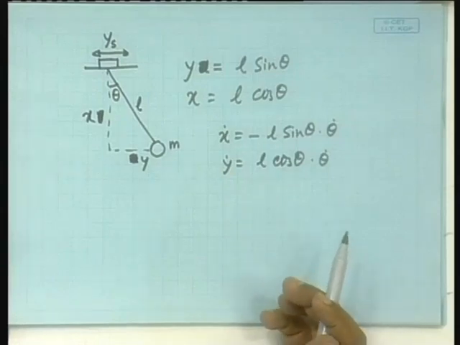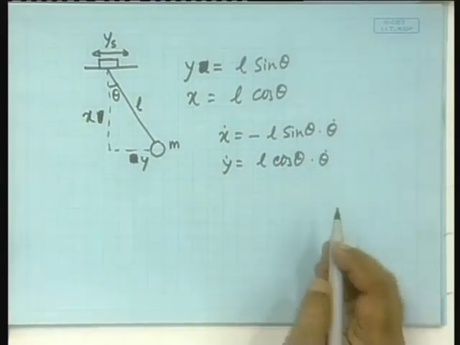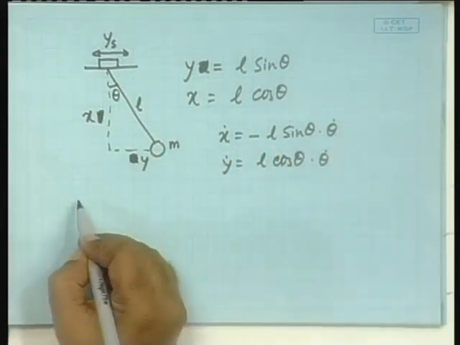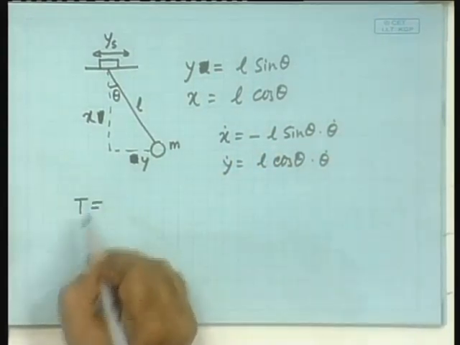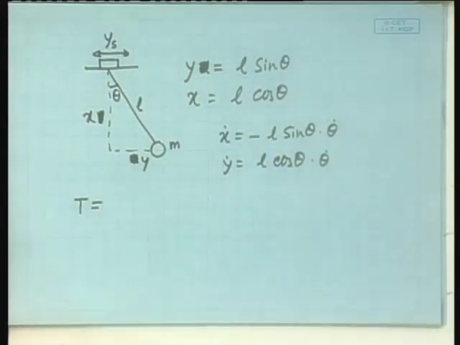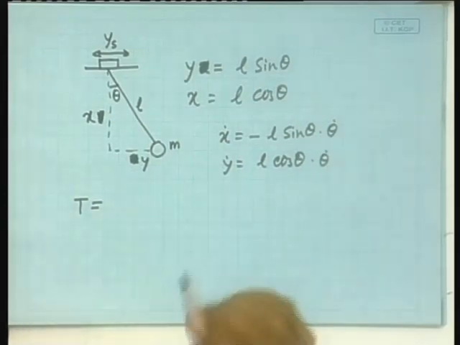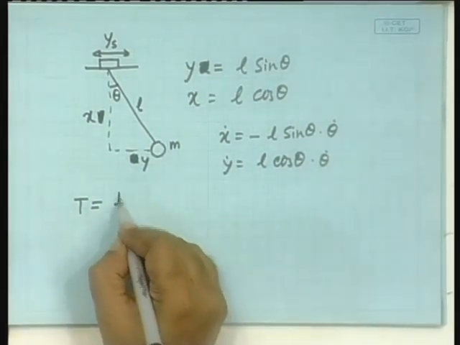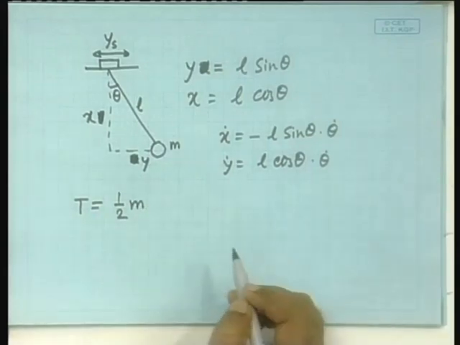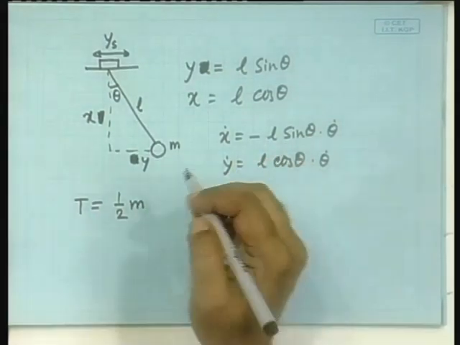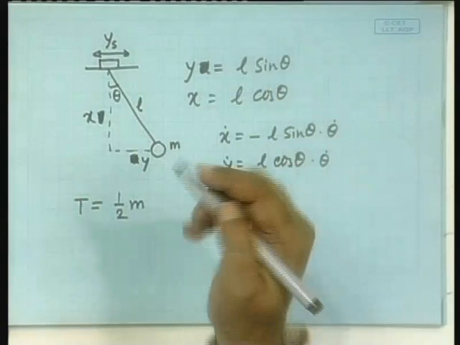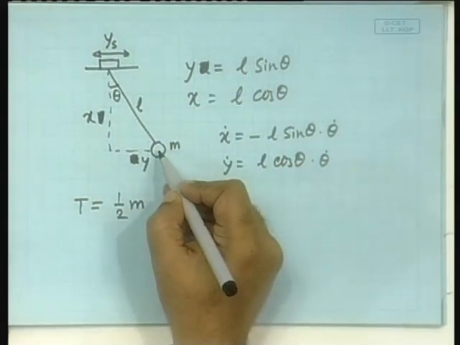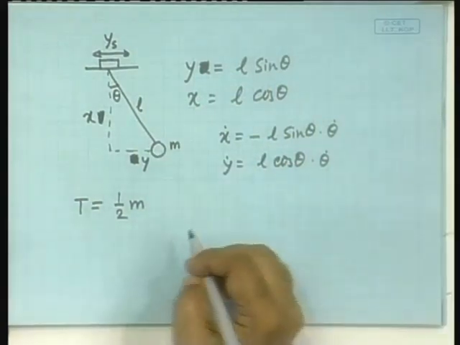Fine, that is what we will do. So ultimately, when we have obtained this, then the kinetic energy is half m v square. So we have to say half m, and v square is x dot square plus y dot square.